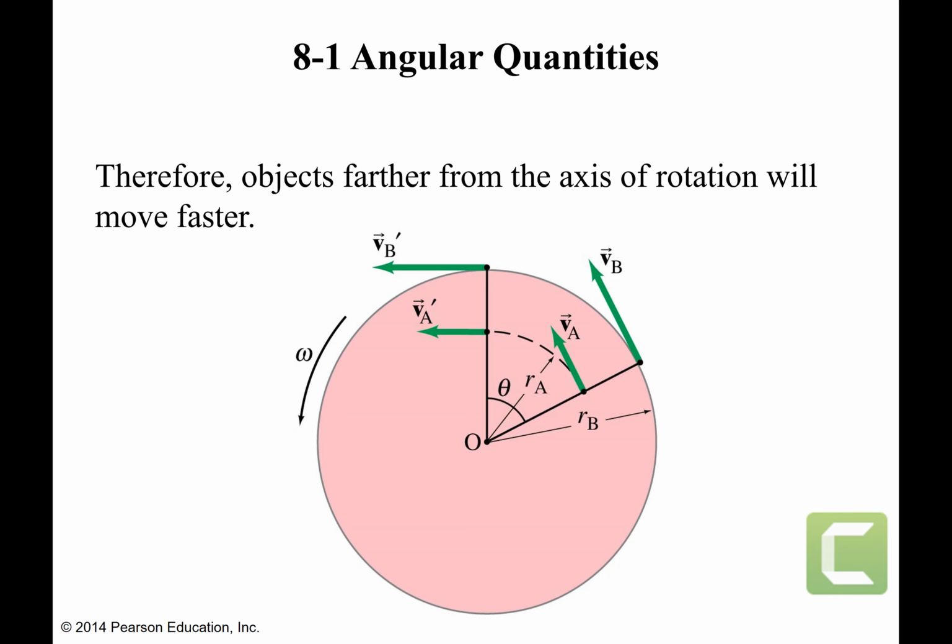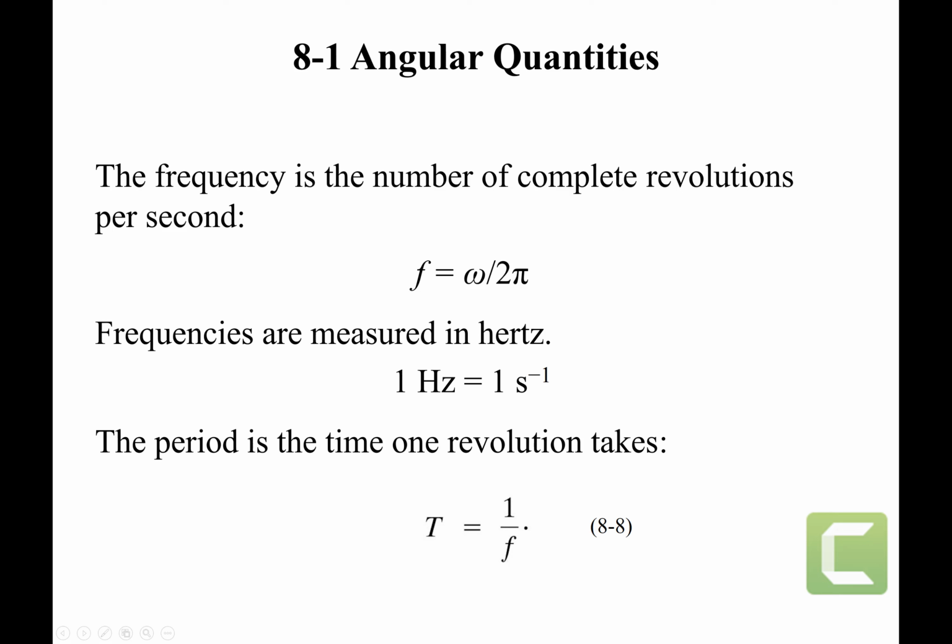So let's take a look at what we are working on over here. Objects farther from the axis of rotation will move faster. This is the same thing that we discussed. All the objects that are farther and farther away from the center will be governed by this equation, r omega. So if r increases, your linear velocity also increases.